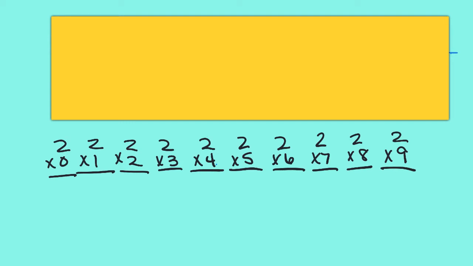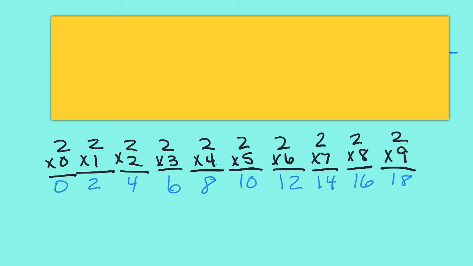Okay? 2 times 0 equals 0. 2 times 1 equals 2. 2 times 2 equals 4. 2 times 3 equals 6. 2 times 4 equals 8. 2 times 5 equals 10. 2 times 6 equals 12. 2 times 7 equals 14. 2 times 8 equals 16. 2 times 9 equals 18.